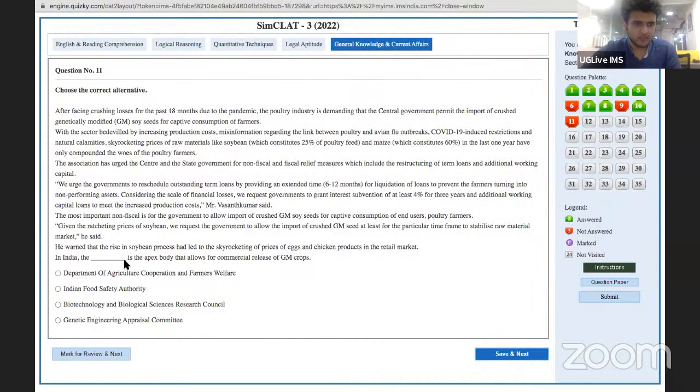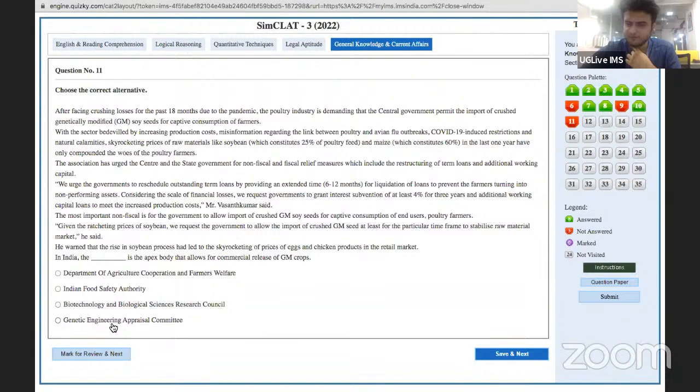In India, the dash is the apex body that allows for commercial release of genetically modified crops, right? So it can't be Indian Food Safety Authority. It can't be Biotechnology and Biological Sciences Research Council. Between A and D, what do you think the option should be, guys?